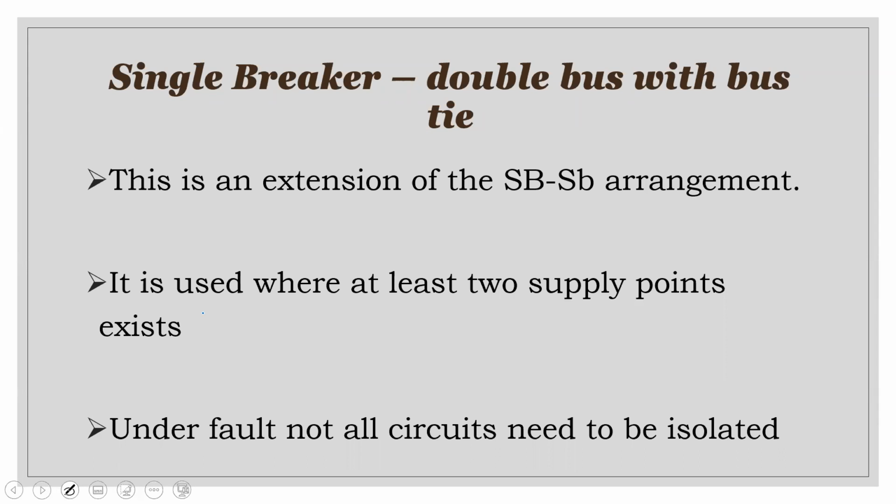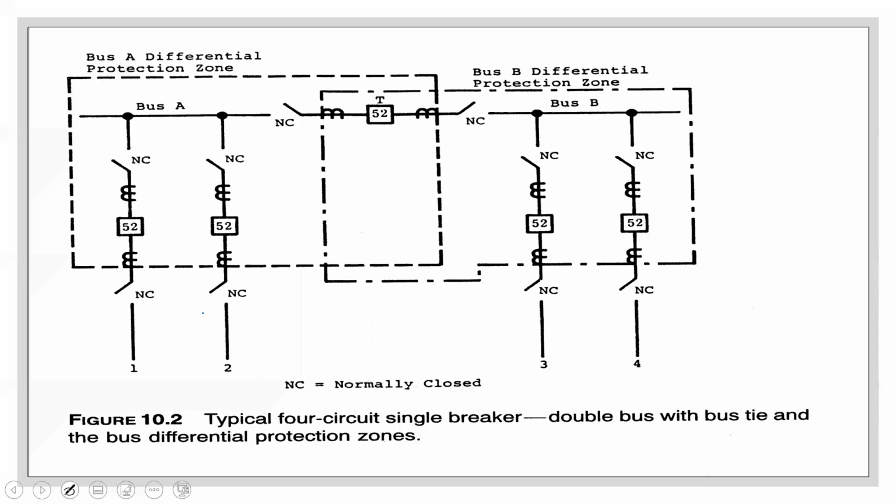However, that's not really the purpose. The purpose here is that, do we have this? Yeah. All right. So with a single breaker, double bus, what is he saying with the bus tie? If I have a fault, then those will open. All right.